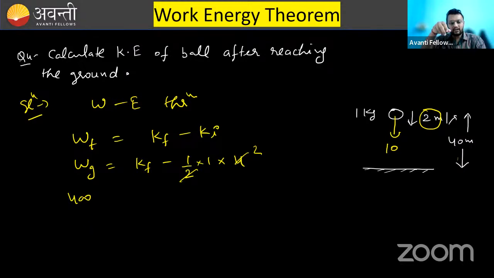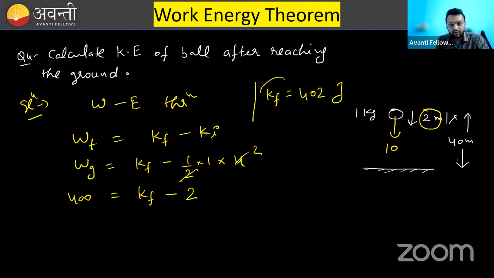Gravity is downward 10, displacement is downward 40. Both are in the same direction. Then work done is force into displacement, that is 400, equal to K final minus K initial, which is 2. So K final is 402 joule.